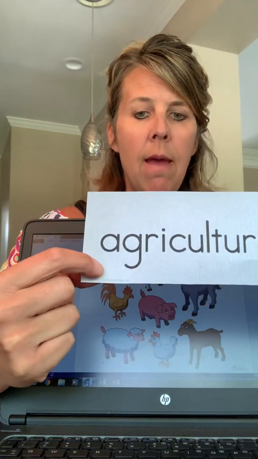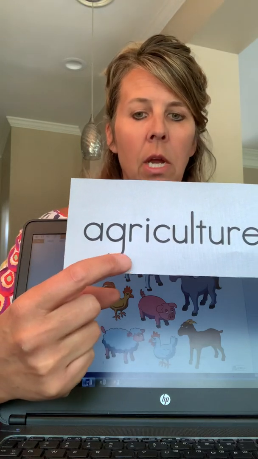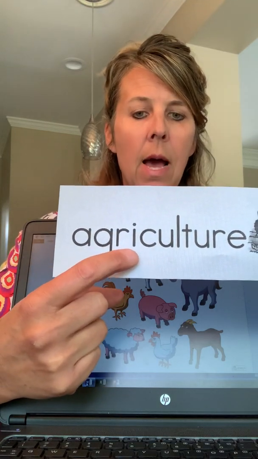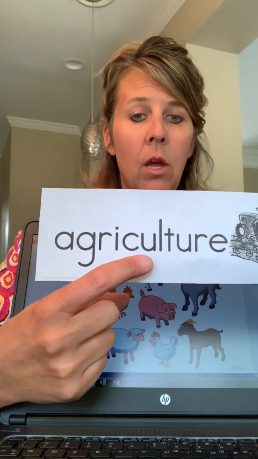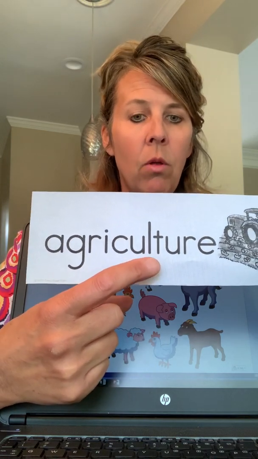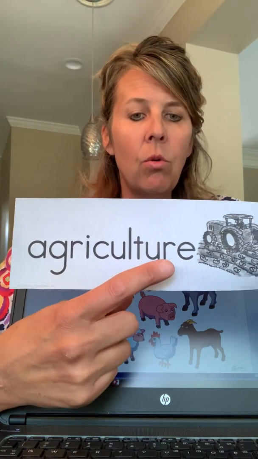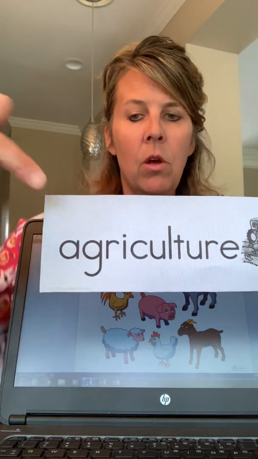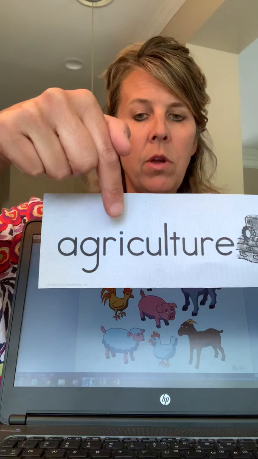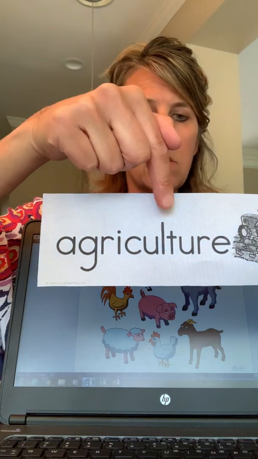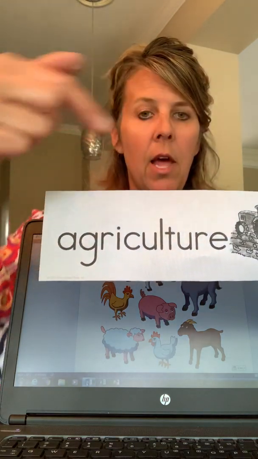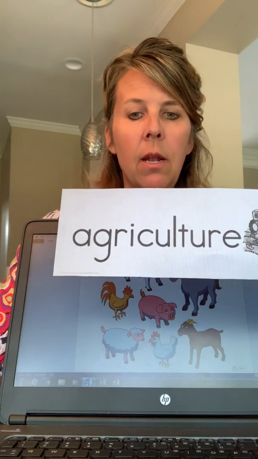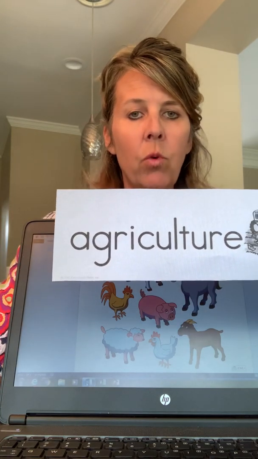It starts with an A, G, R, I, C, U, L, T, U, R, E. Did you count all those letters? 1, 2, 3, 4, 5, 6, 7, 8, 9, 10, 11. Wow, that's a lot of letters to make one word.